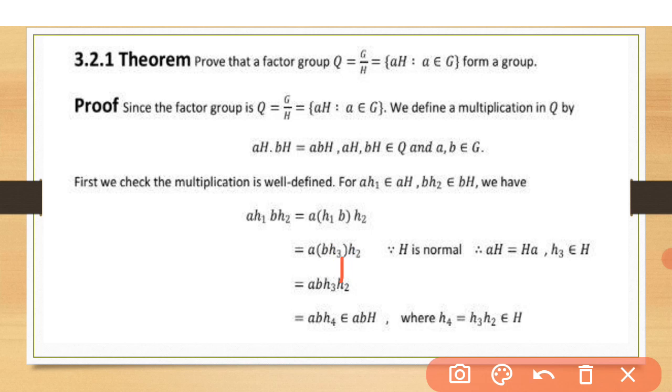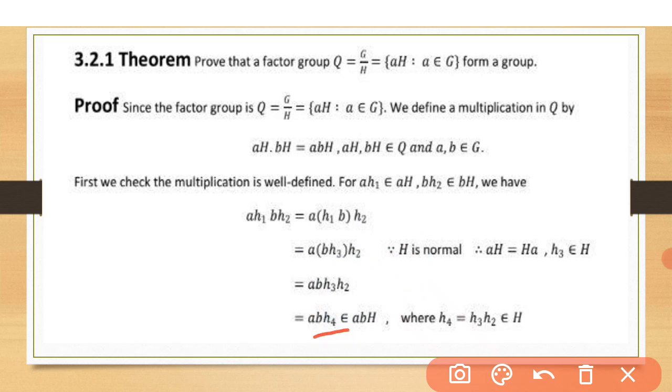So you can write this H3 is H1, and when AB is multiplied by H1, H2 or H3, these are only identification names. When we multiply two elements of H, because H is a group, it gives us another element which also belongs to H. You may say that it is H4.